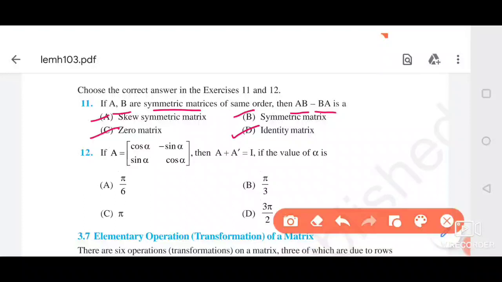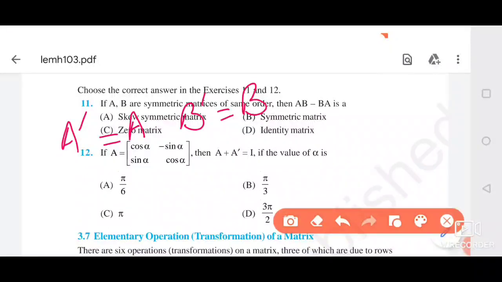Suppose we write, since A is a symmetric matrix, A transpose is equal to A, and B transpose is equal to B, since both are symmetric matrices.